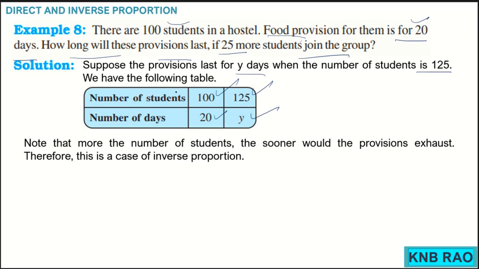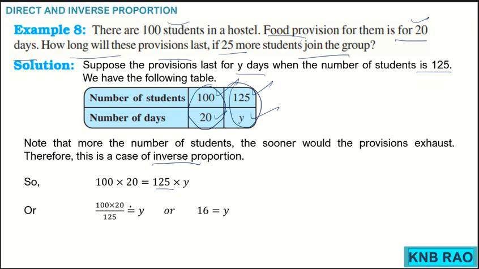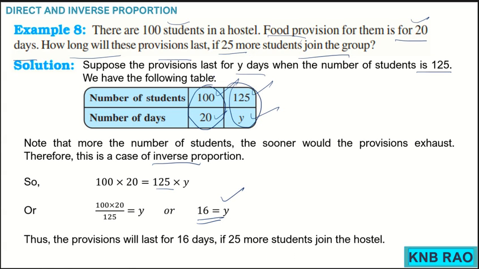The product of 100 and 20 equals 125 and y, and if I send 125, the multiplicand, to the other side by transposing, it divides. So 100 into 20 by 125 is the value of y. On simplification, y is 16. That means for 125 members the same food provisions will last for 16 days. So we will conclude like this.